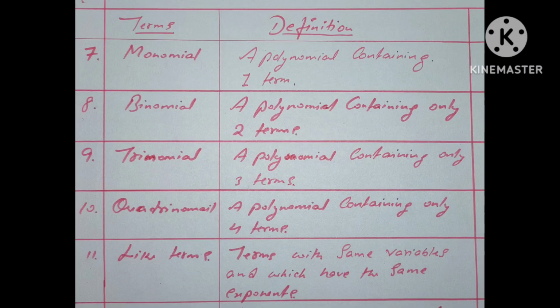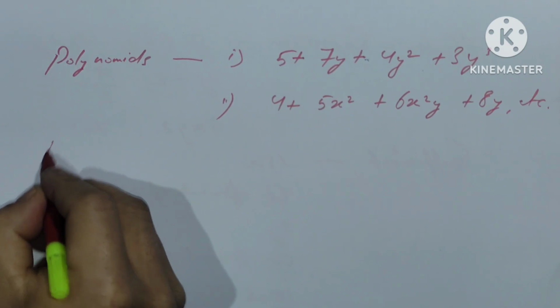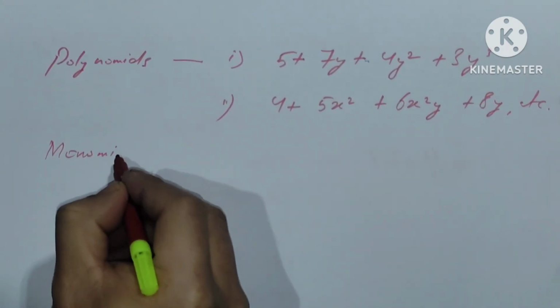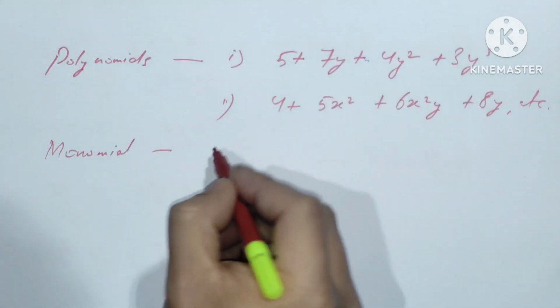Now let's go for our next term, that is monomial. I had already given the definition of the monomial on the right side of the term monomial. That is, a polynomial containing only one term is called a monomial. I will also explain this term with an example. Monomial means a single term but can have multiple variables and a higher degree too.